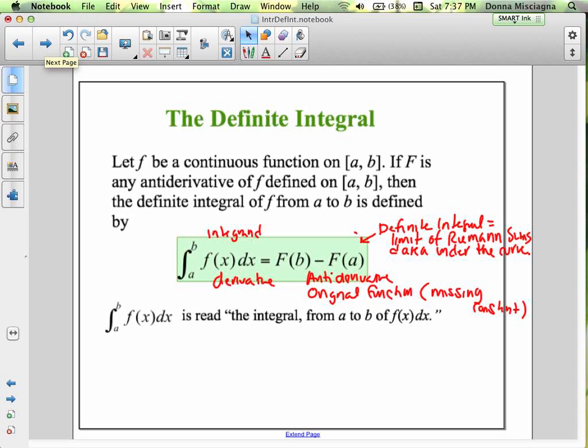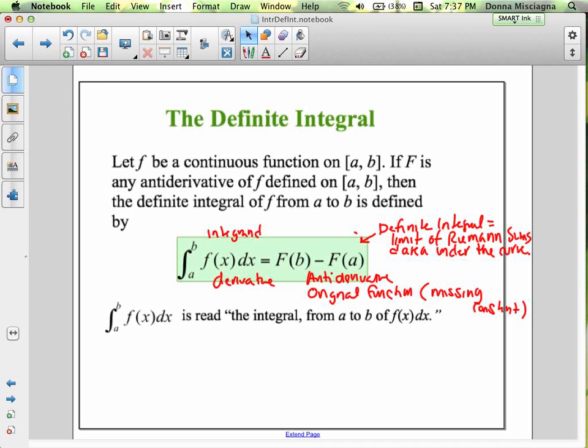It is the antiderivative, which is essentially the original function, perhaps missing a constant, because we know when we take the derivative we lose the constant. So the definite integral is also the same as the limit of the Riemann sums and the area under the curve. Now we have a second way, and that is to find the antiderivative and evaluate.